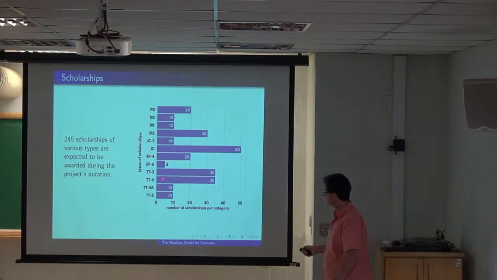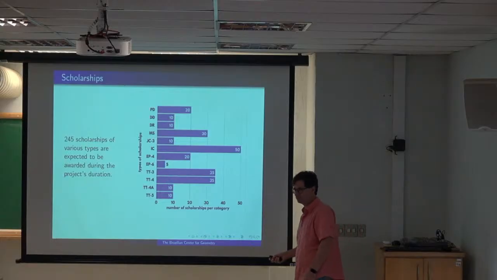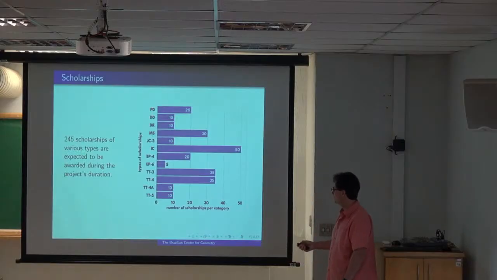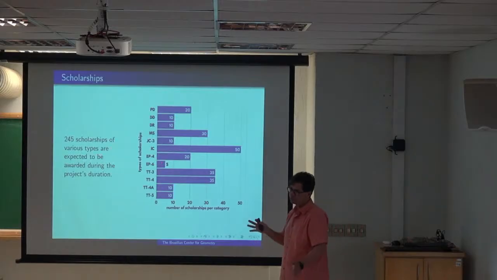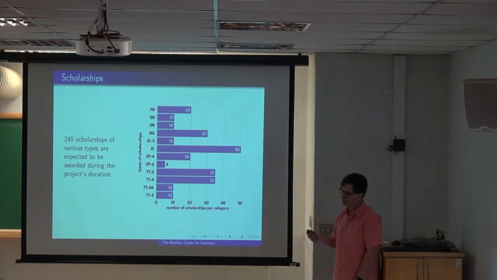These are technical training grants for the innovation part, and this is for teacher training. These EPs are for teacher training. So 245 scholarships. Altogether, our budget is around 32 million reais for the first period.